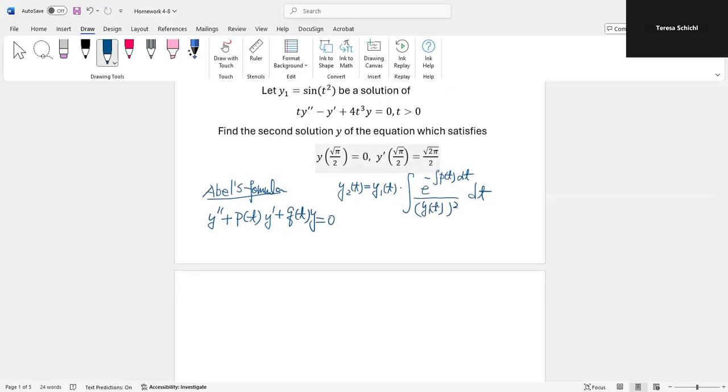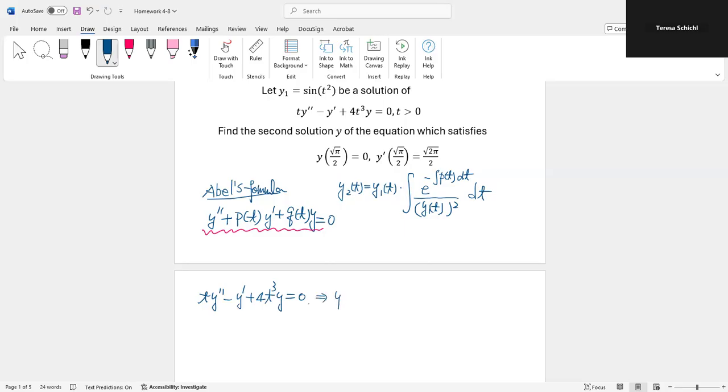In order to use Abel's formula, I need to change my differential equation to this form. So this is t y double prime minus y prime plus 4t cubed y equal to 0, and t greater than 0. Now I just divide both sides by t.